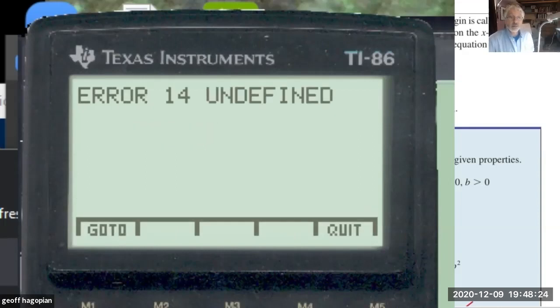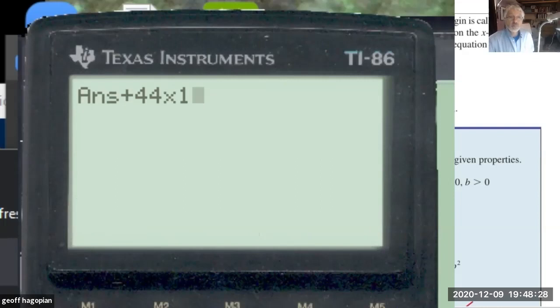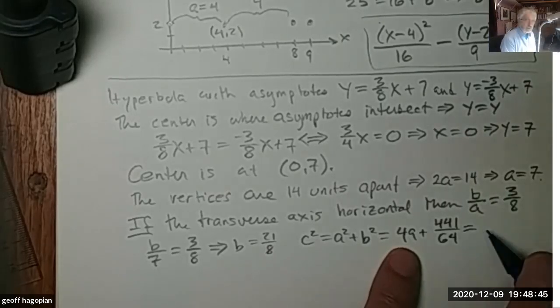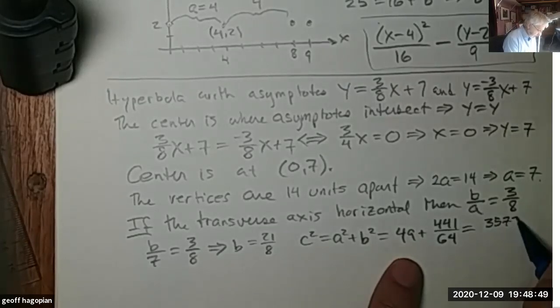How did that become undefined? Oh, I typed times 440. Sometimes it just gives me bogus things. So we can go back to pencil and paper and write that this is 3,577.